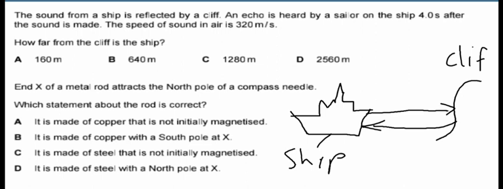So in this case, for the sound to reach the ship again, the sound needs to travel from the ship up to the cliff, then from the cliff up to the ship, because it is the same ship which has reflected the sound.